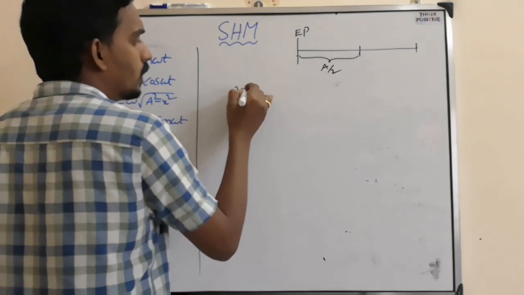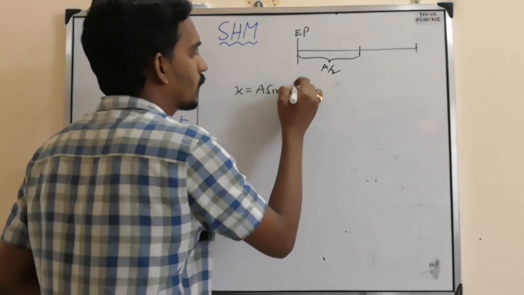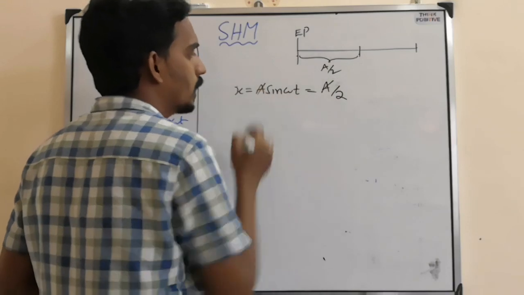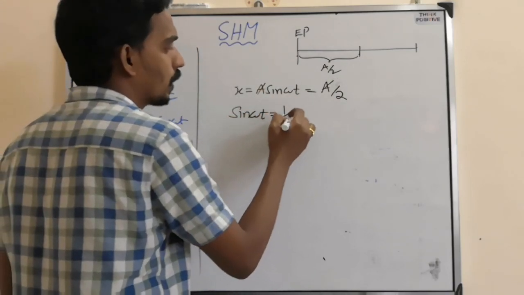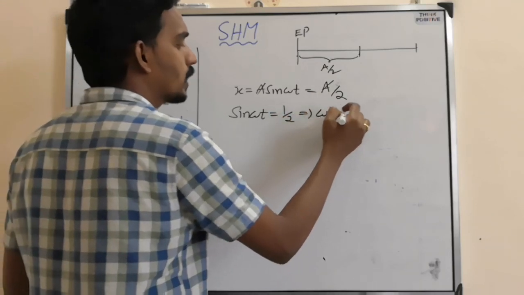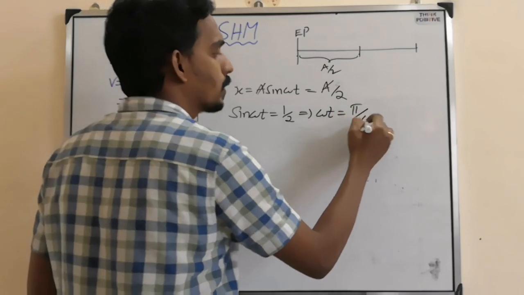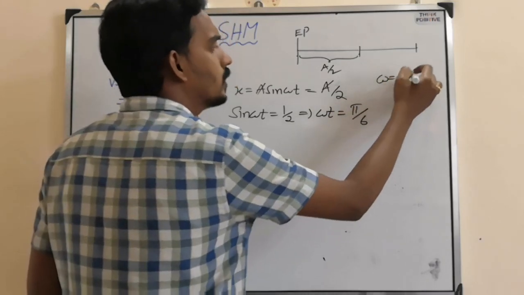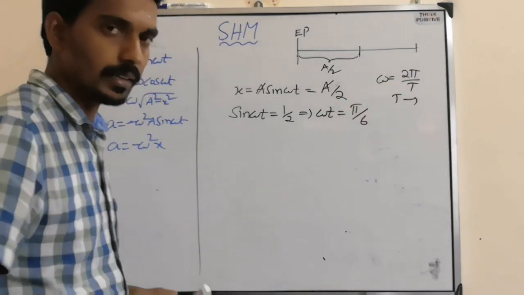So how do you find it? You will take the x equation, that is a sin omega t, where x value should be how much? A by 2. So a cancels, then sin omega t equal to 1 by 2. So omega t equal to how much? Sine 30 degrees, that means pi by 6. Here what is omega? Omega is 2 pi by T, where T is the time period.